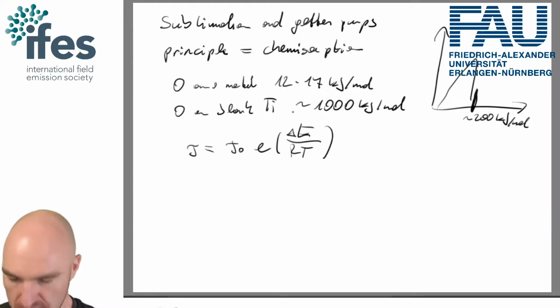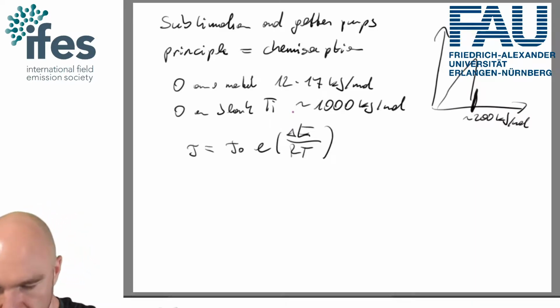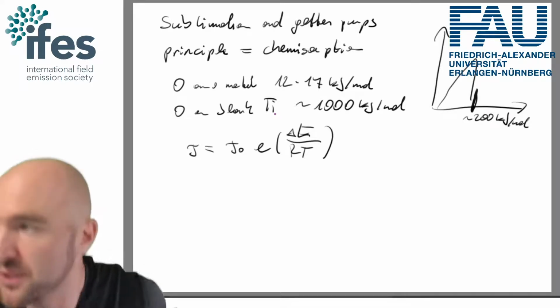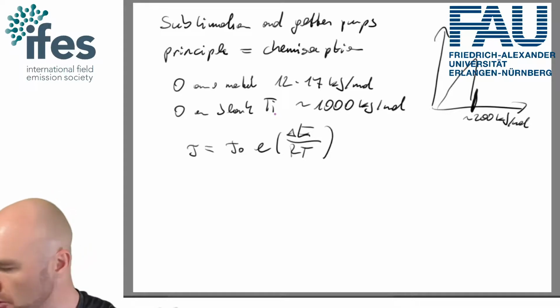And so the question is now, what kind of mechanisms can we use to provide some kind of surface like that? And essentially we have two ways of doing that, by just using sorption. We'll come to ion getter pumps where we're using sorption and implantation together.